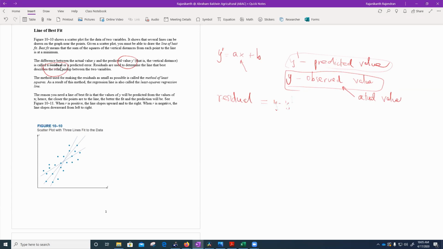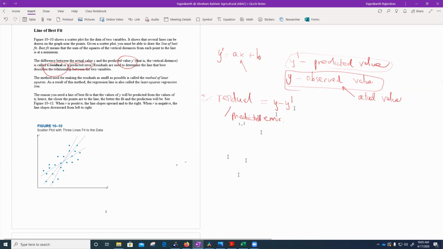This is the residual or residual error, whatever you want to call it. Residual means the predicted error, so you could use either word. Some textbooks use little e for the residual.